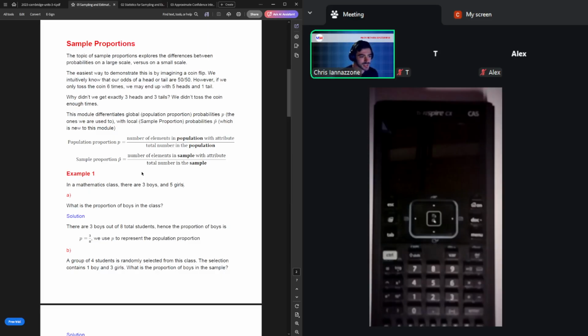So rather than saying x equals 0, 1, 2, 3, you now have 0 out of, hang on, what would it be out of? It would be out of the total. So 0 out of 3, 1 out of 3, 2 out of 3, 3 out of 3. That's really all that's changing here.